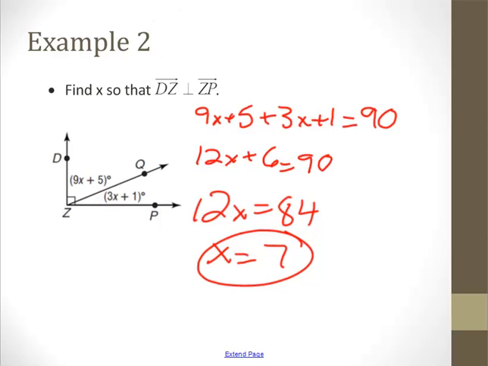Now, the question doesn't ask us to do it, but let's go ahead and find the actual angles. 9 times 7, plug it in, we get 63, plus 5 gets us 68 degrees. Plug in 7 down here, 3 times 7 is 21, plus 1, 22 degrees. If you double check, we get 90, so it actually does work.